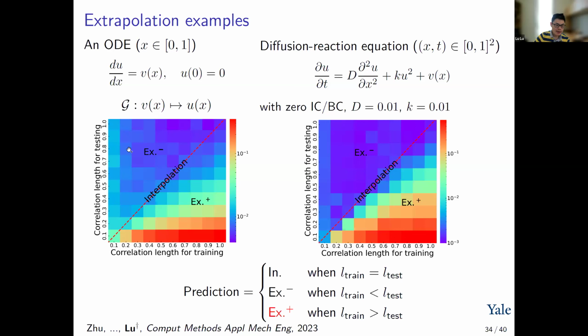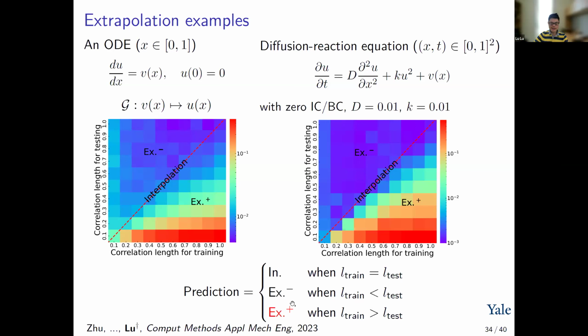Then in the top triangle here, the correlation length for training is smaller than the correlation length for testing. But although we have different spaces for training and testing, we still have good accuracy, as shown in the plot, where the color is the testing error.